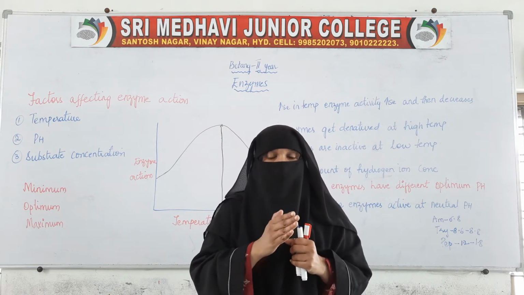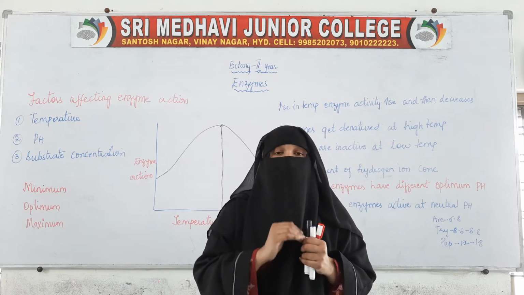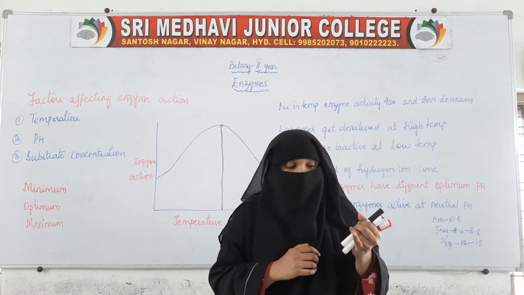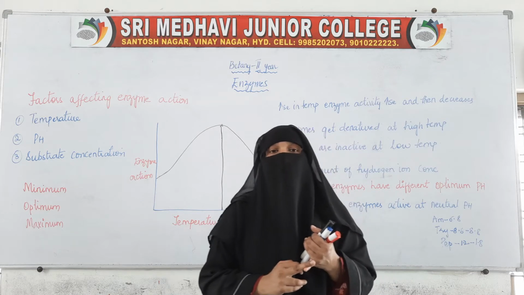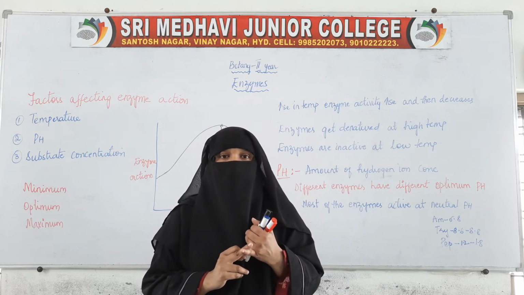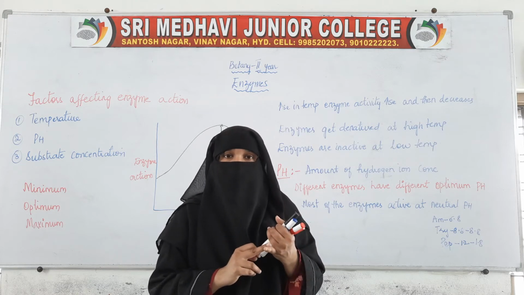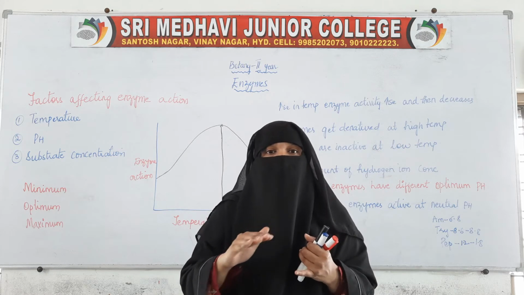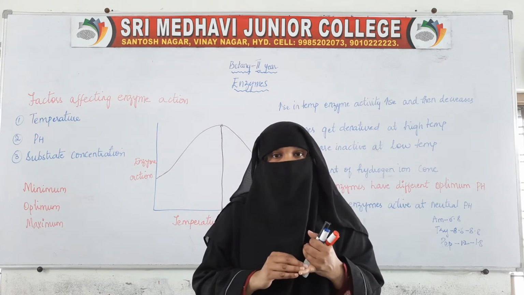So minimum temperature is the temperature below which we won't find any enzymatic activity. Then optimum temperature is the temperature at which you find the maximum enzymatic activity.